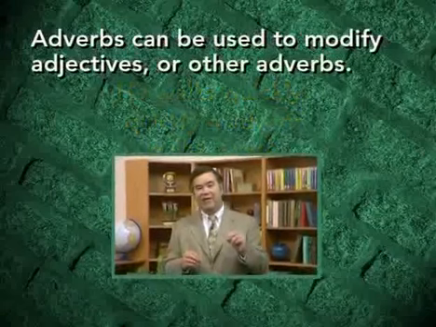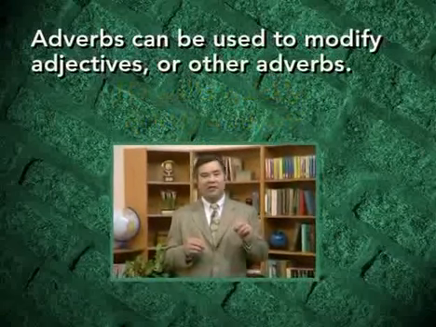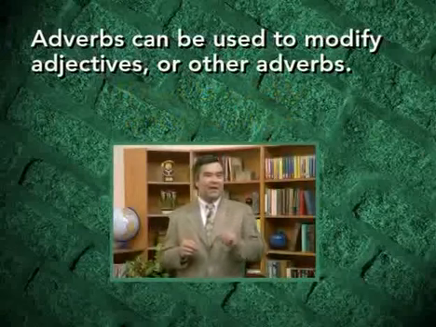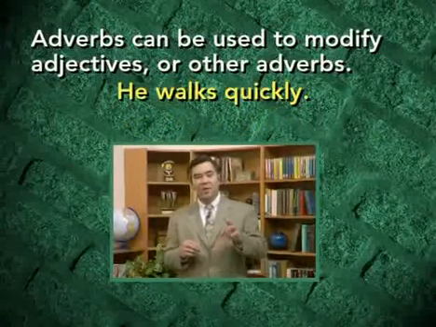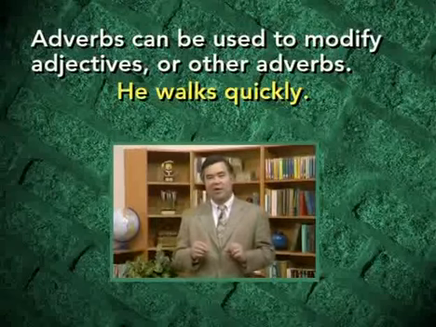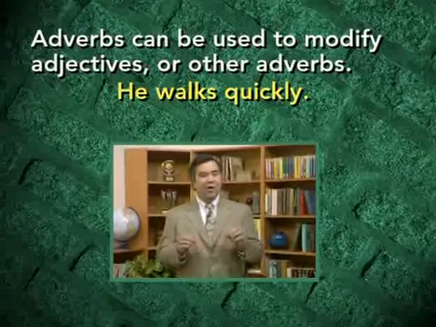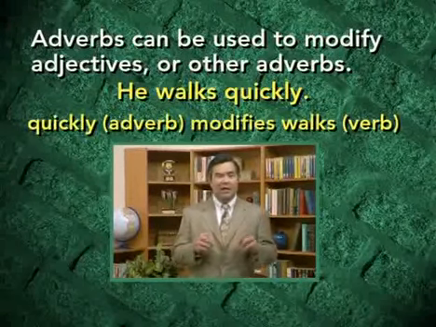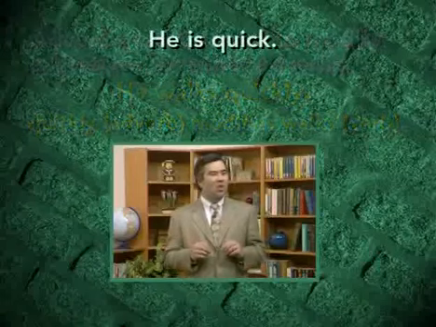Notice how adverbs can also be used to modify adjectives or even other adverbs. Compare the sentence we just said, "He walks quickly," with the following other sentences to see how these combinations of words can work together. "He walks quickly." "Quickly" is an adverb modifying the verb "walks." Now let's say, "He is quick."